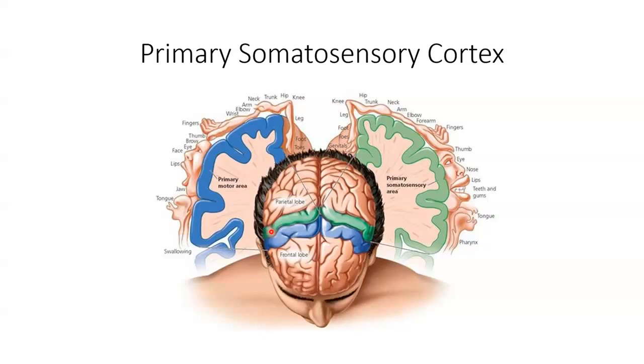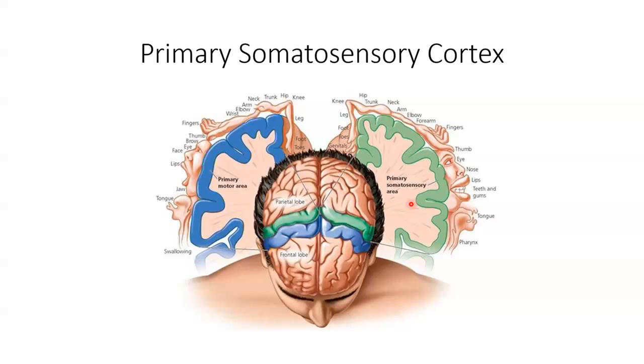So like the primary motor area, in our primary somatosensory area, we have a map of the entire body, with each point within that map receiving nerve impulses from a specific part of the body. Again, the size of the cortical area receiving those sensory impulses from a particular part of the body depends not on the size of that part of the body, but the number of receptors that are present in that area.